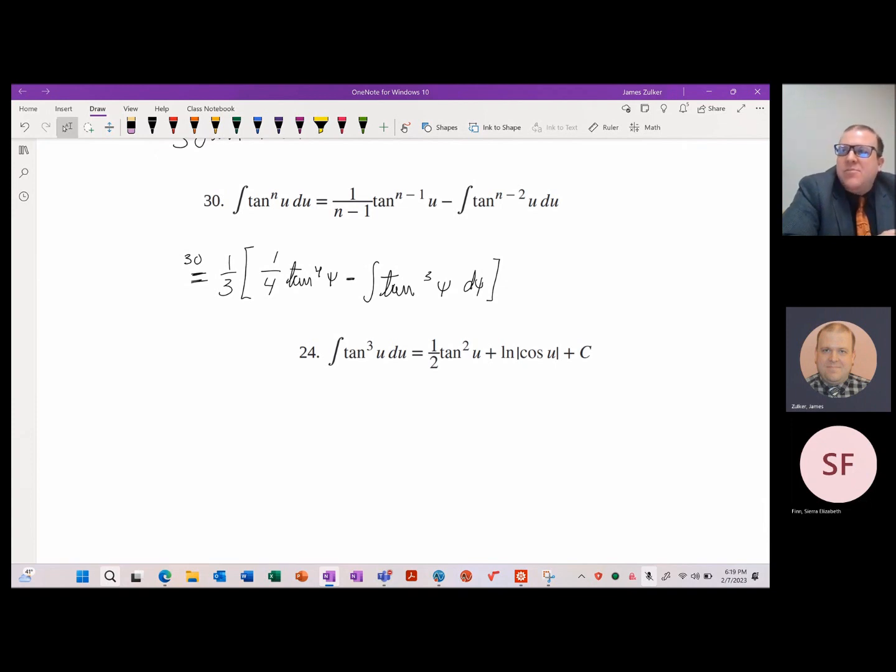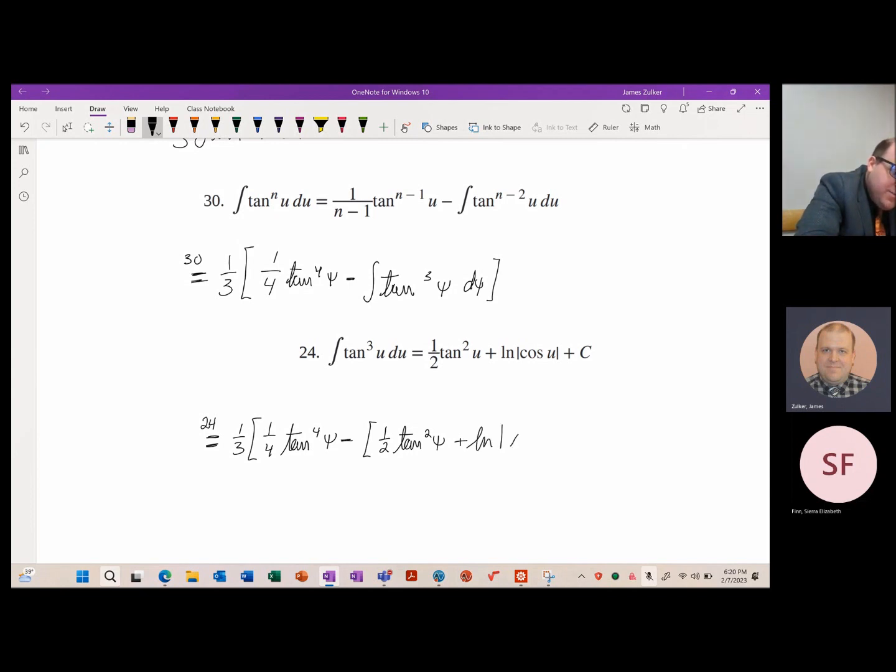But why, when we have the antiderivative of tangent cubed already given to us? And so it's 1/2 tangent squared plus log absolute value cosine of psi. And then C on the very outside.